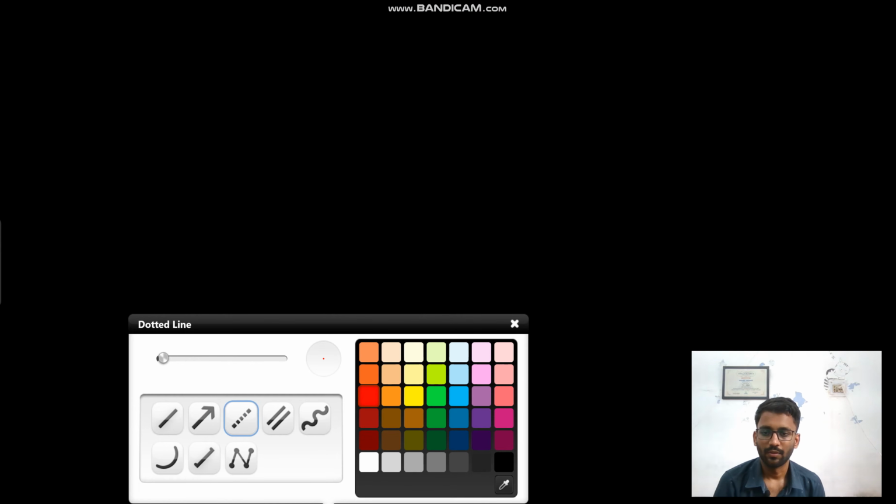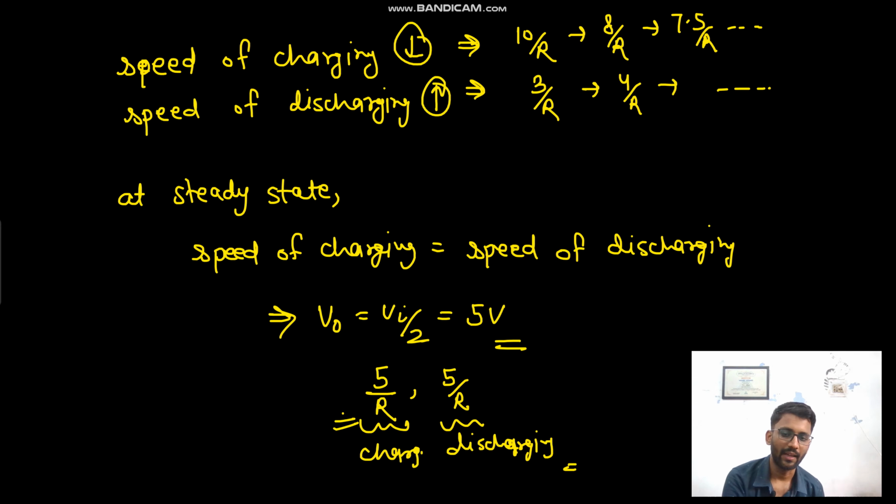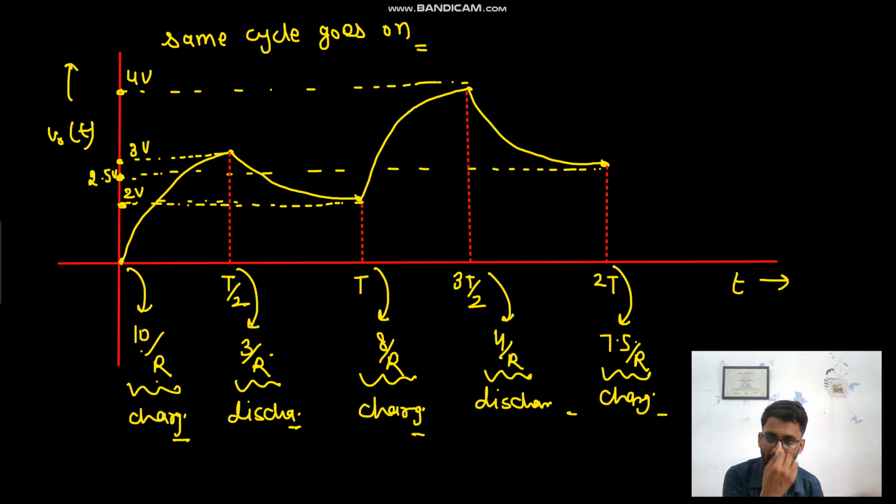Steady state output. This is V naught T. There will be some ripple, right? Because we are talking about the current at edge only. 10 by R was at edge only, 3 by R then it reduces, right?